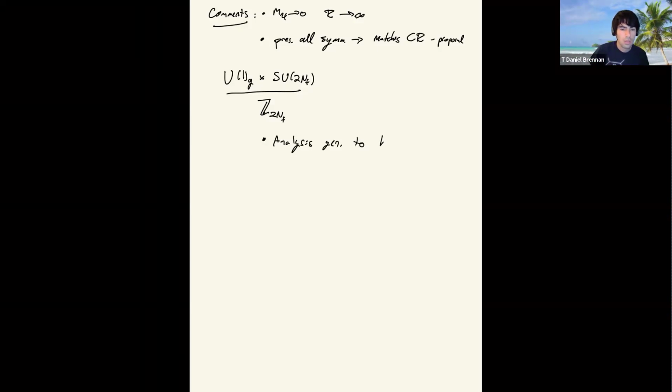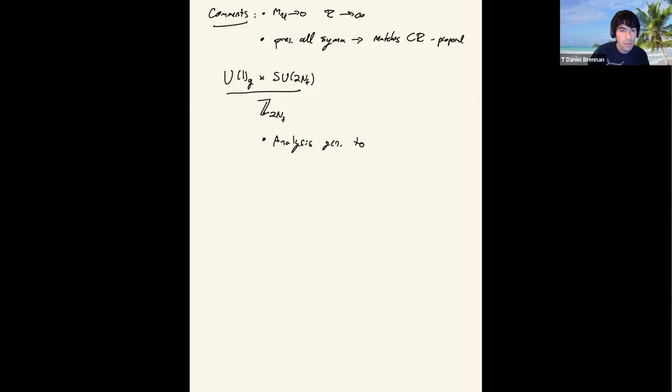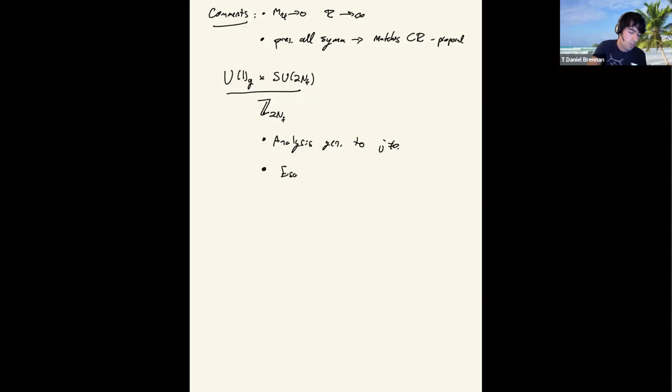And what else did I want to say? Oh yeah, I also wanted to say that if you look at some scattering energy which is close to the mass of the fermions, what you find is that the energy that's deposited in the electric field is also of order of the fermion mass.